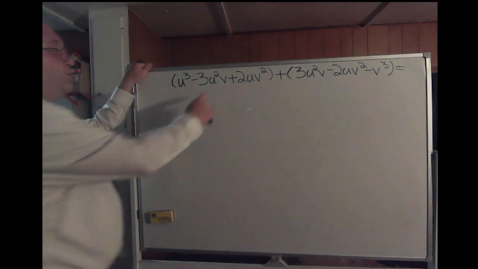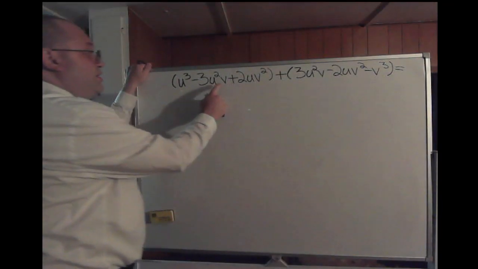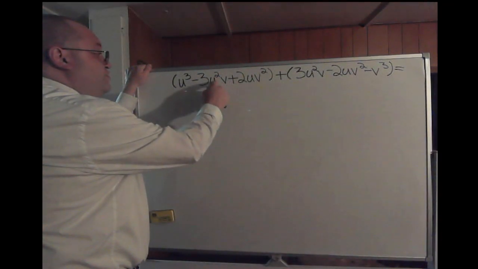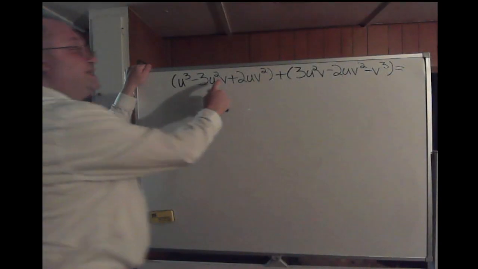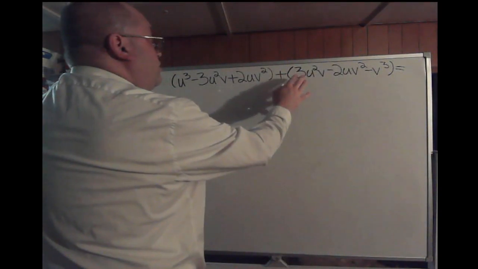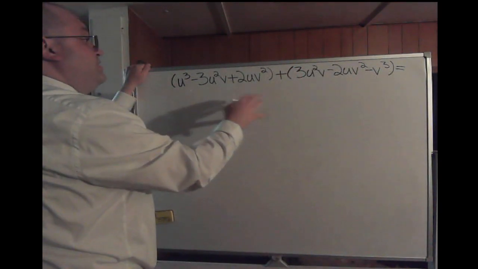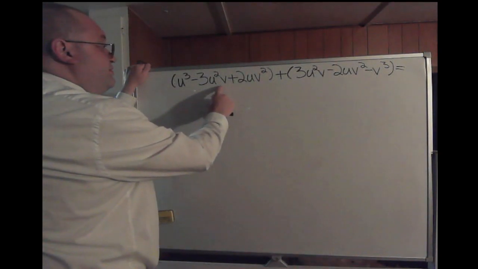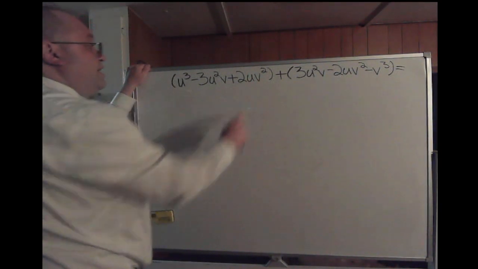Now, whenever you have more than one variable on a monomial, the degree of each variable must be arranged exactly the same way in order to have a like term. So I can't add negative 3u squared v and 2uv squared.